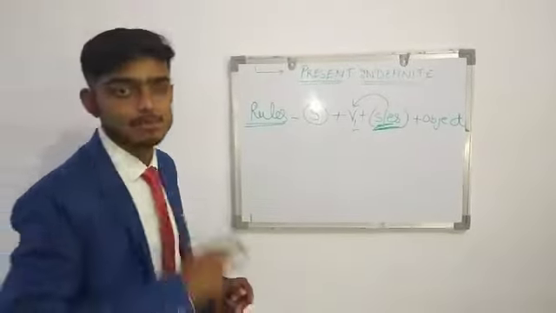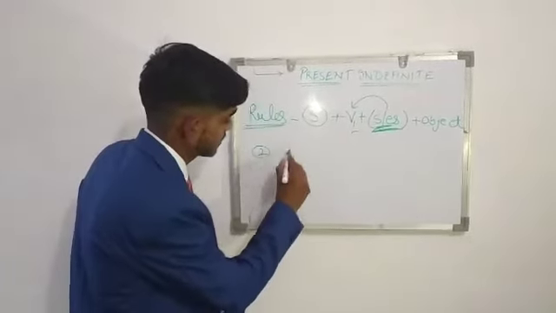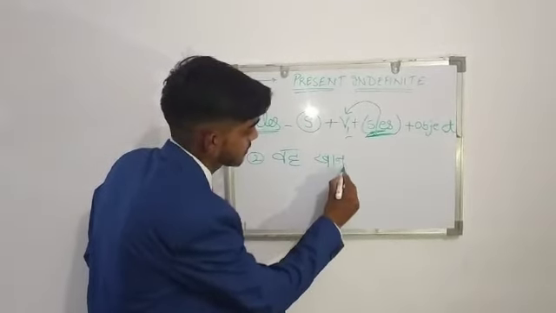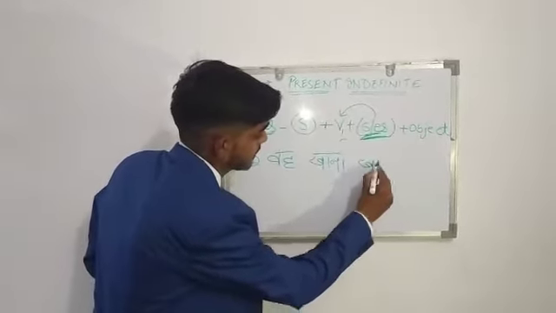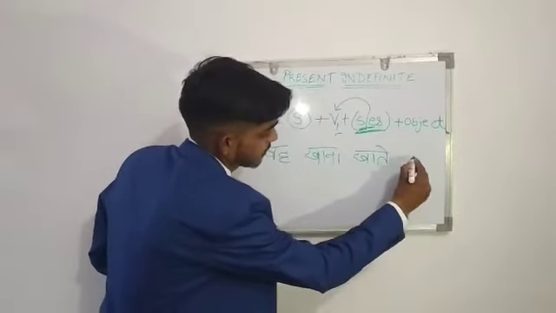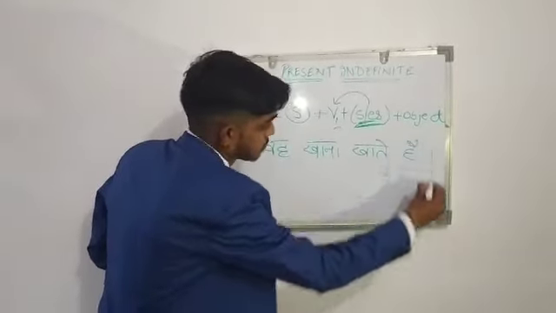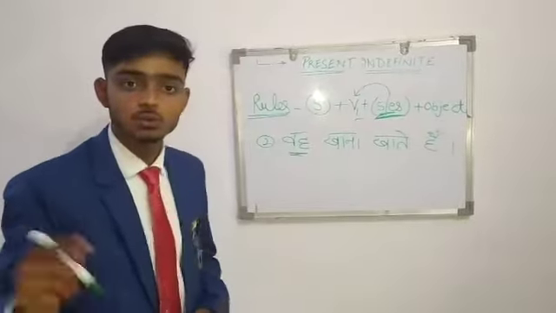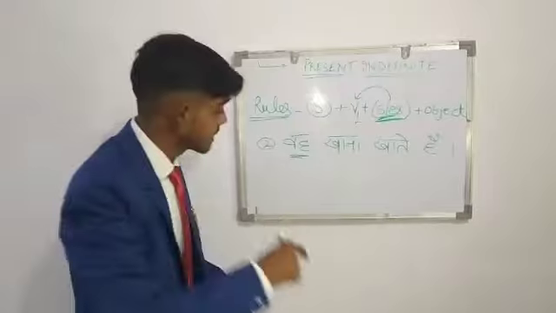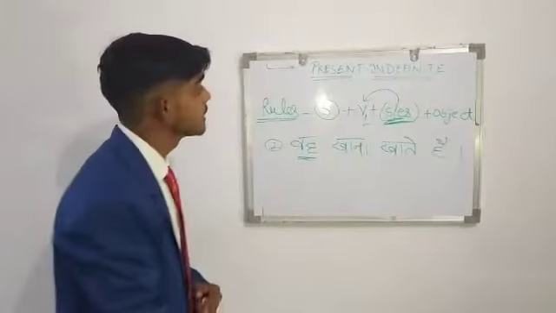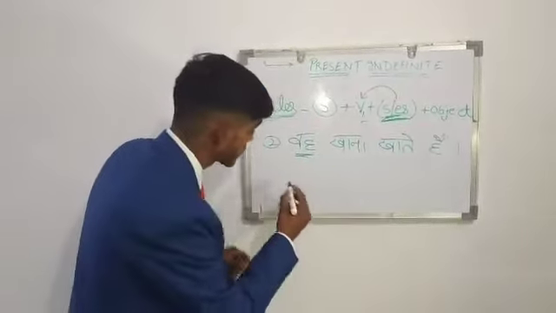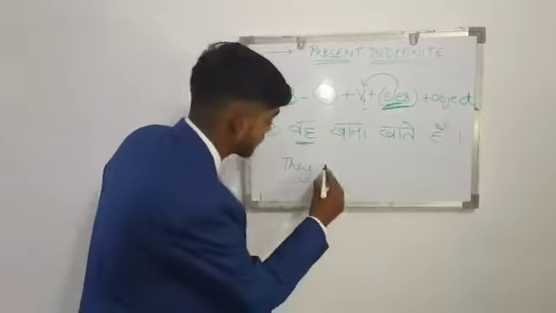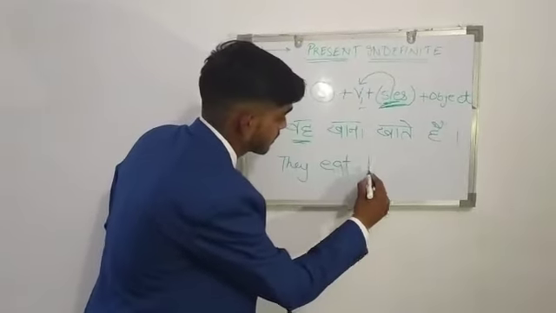So the next example is वह खाना खाती. So here we come to know that this subject belongs to the plural subject. So here we applied the rule of present indefinite in this manner: first there is the subject, They eat the food.